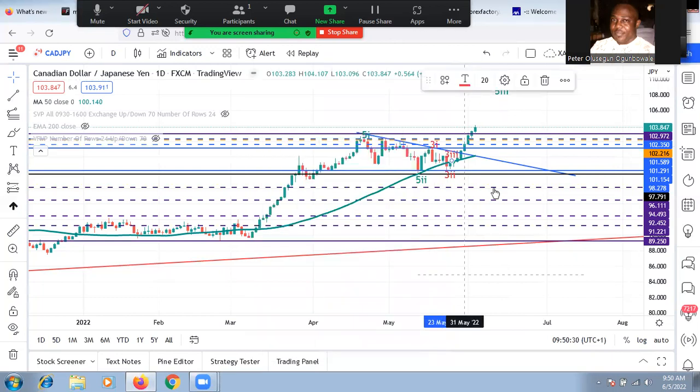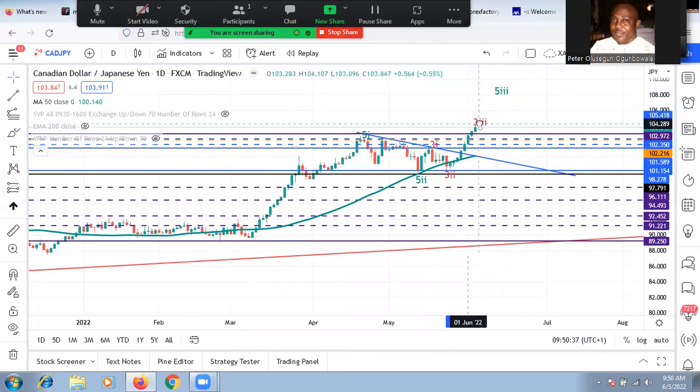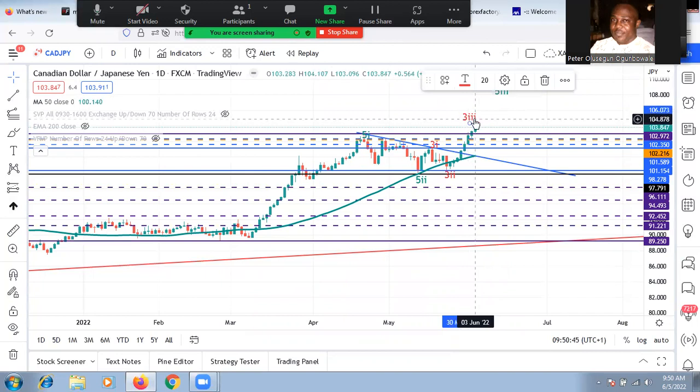Don't get it wrong. A 3-3 of 5-3. So that's just the thing. We're inside of a 3-3 of 5-3. And we're going to have a 4 of it and a 5 of it to complete it. They are going to come down.